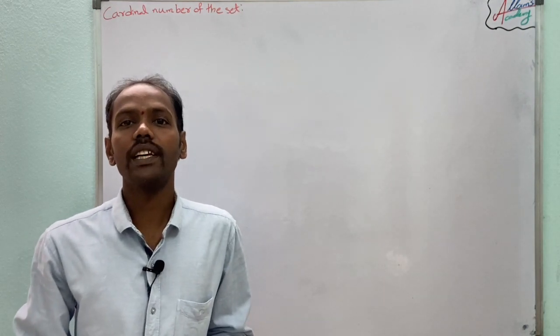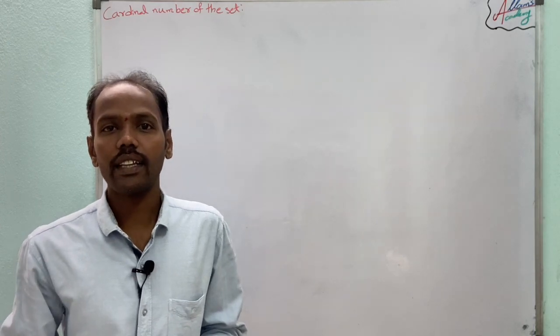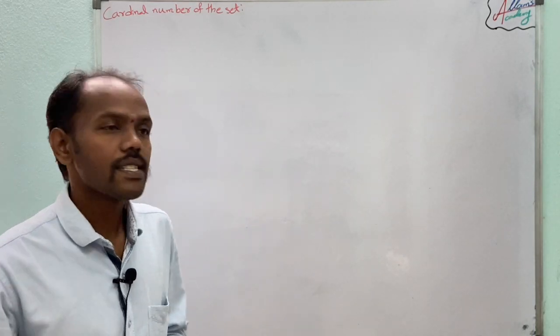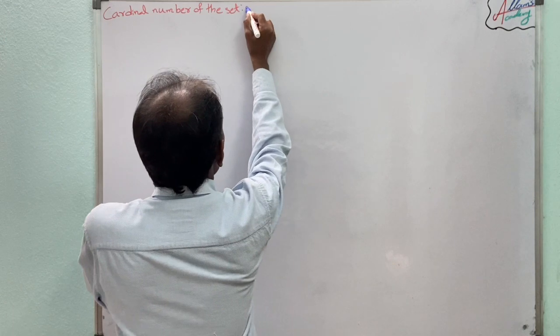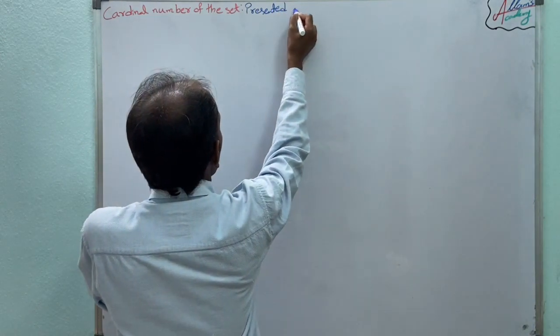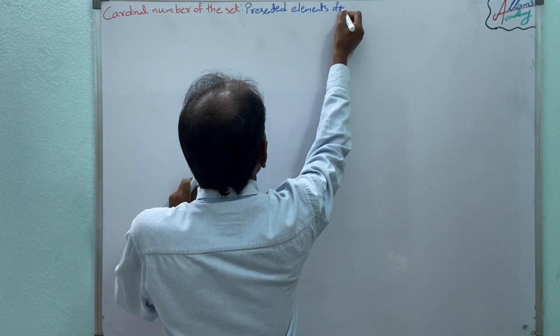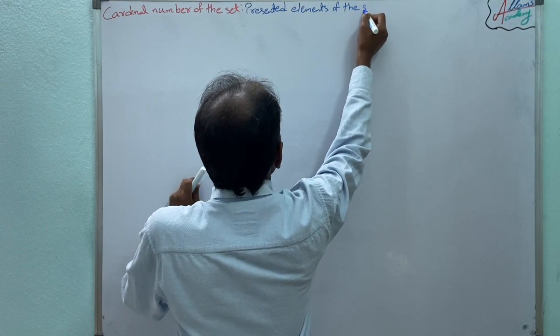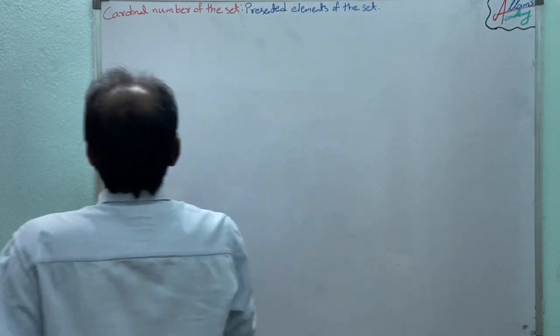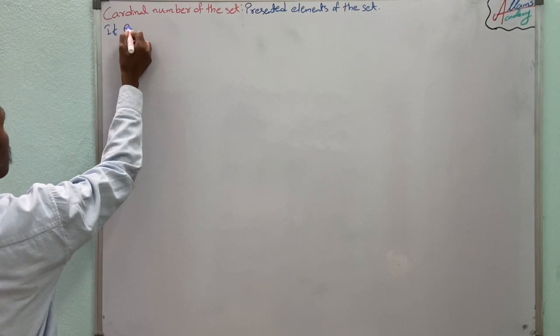That is called the cardinal number of the set.